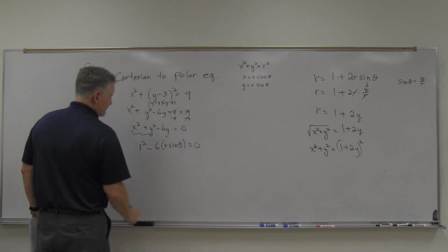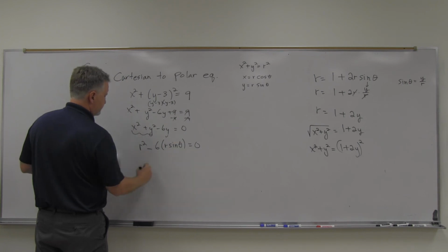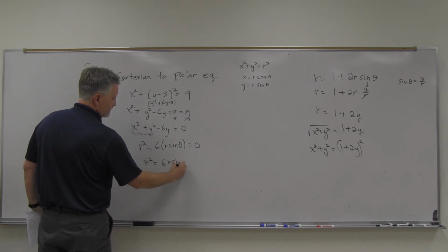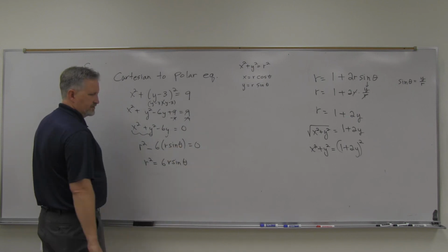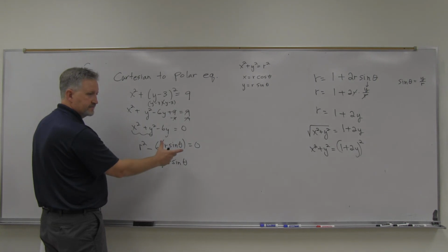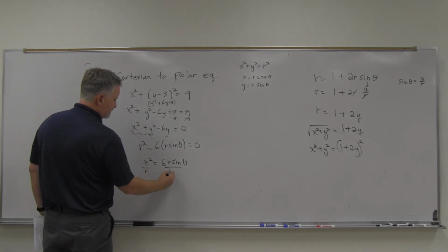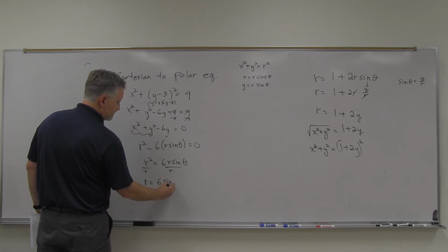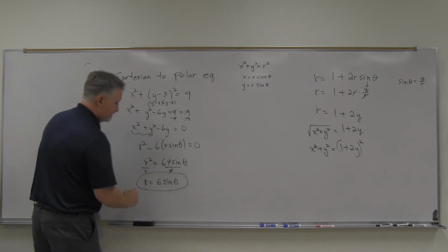So move that term over. Here's how they'll do it. Add the 6r sine theta to both sides. Then if I divide by r, those r's will cancel. So it gives a nice r as a function of theta.